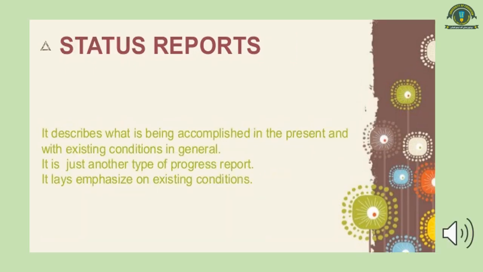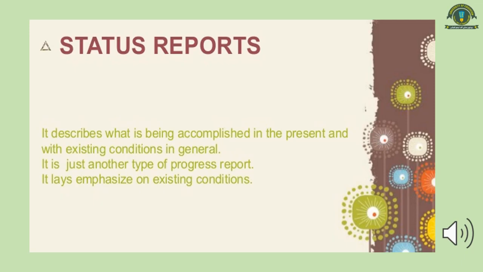Students, the next is status reports. It describes what is being accomplished in the present and with existing conditions in general. It is just another type of progress report. It lays emphasis on existing conditions.